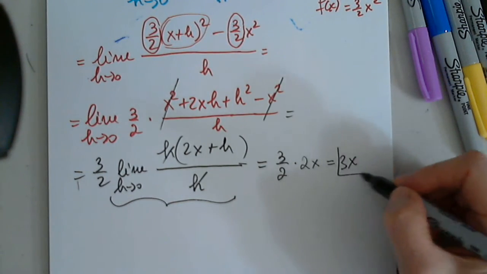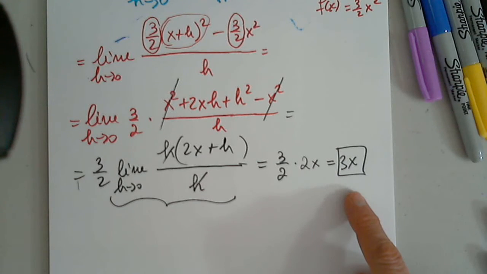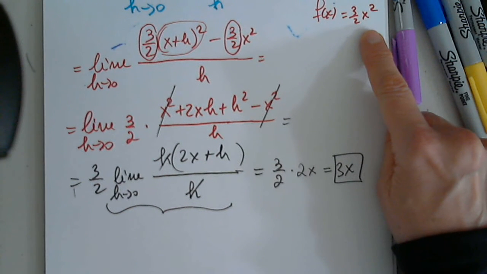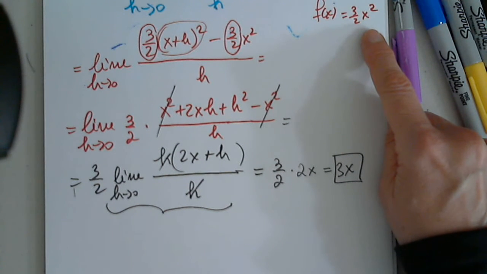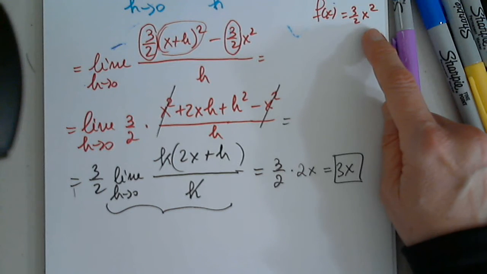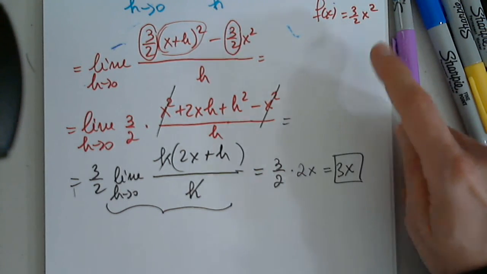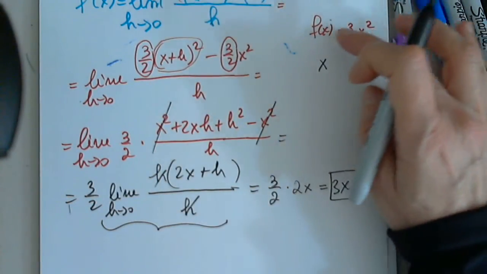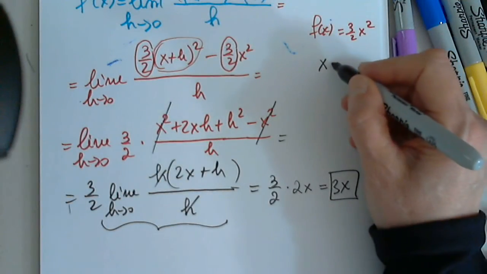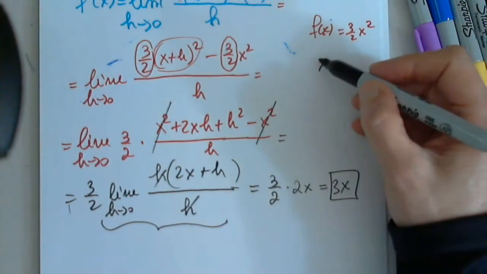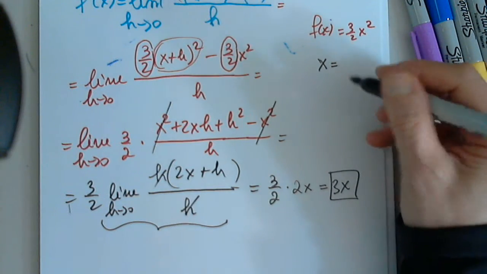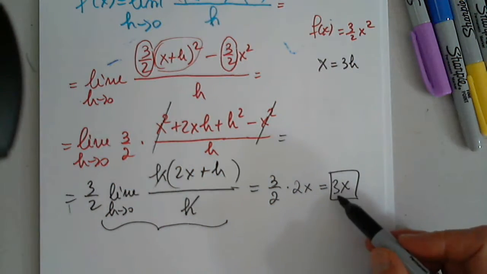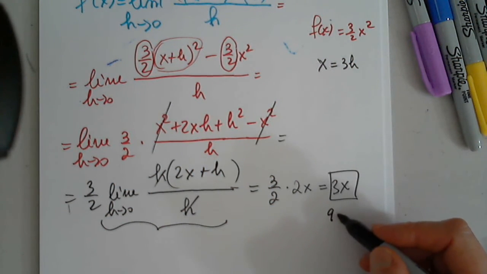3x. Thank you. So this is the function that gives the instantaneous rate of change of this function at any point. There is no need to say at any point where the function is differentiable. We know it's differentiable everywhere. So if this function represents the distance, and you say, calculate your speed when x is 3 hours, I will tell you 3 times 3 is 9 miles per hour.